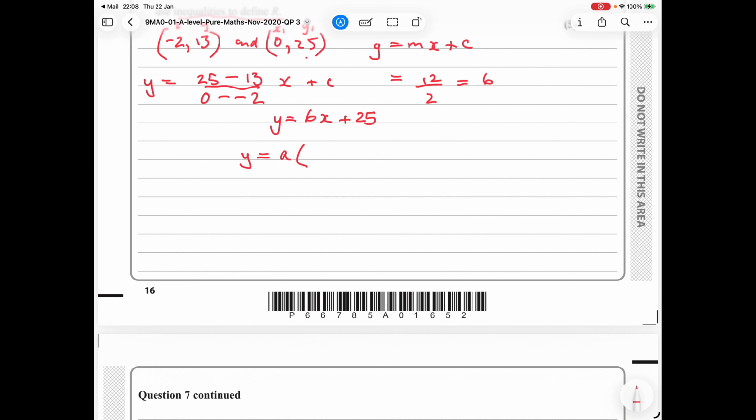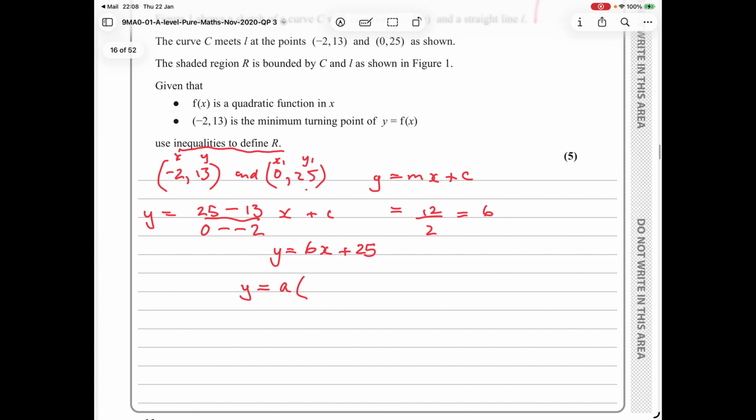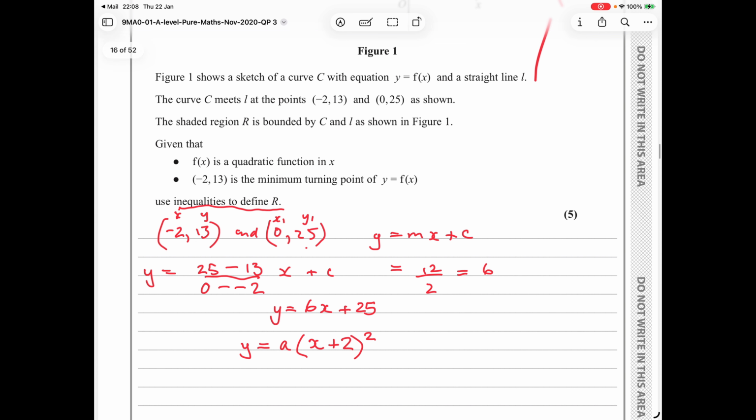So it's a, and then we can use the points that we've got here. So minus 2, we use the exact opposite when we complete the square. So it's (x plus 2) squared. And then the other point, which was the y point, which is 13. So the minimum point is plus 13.